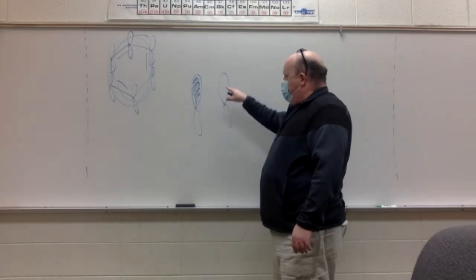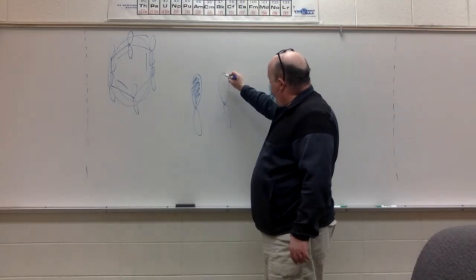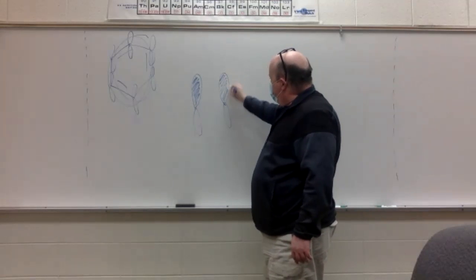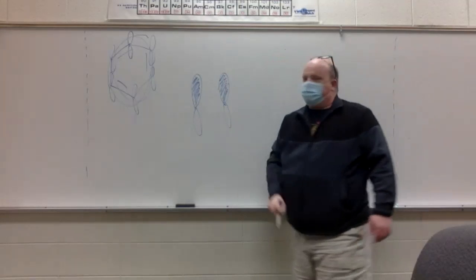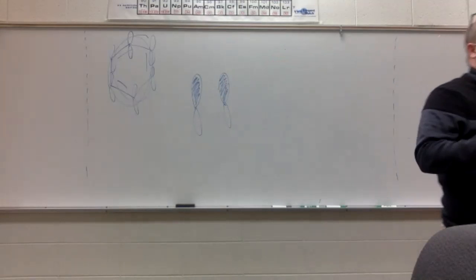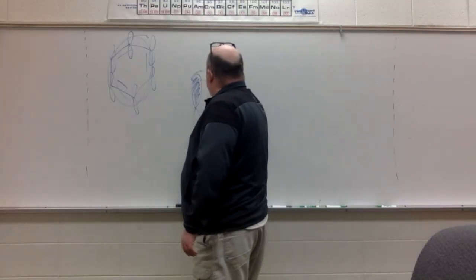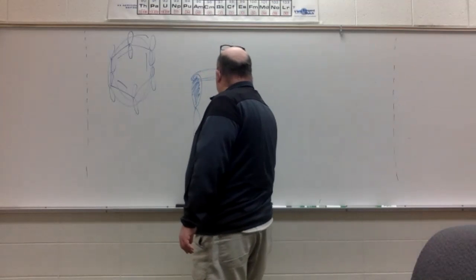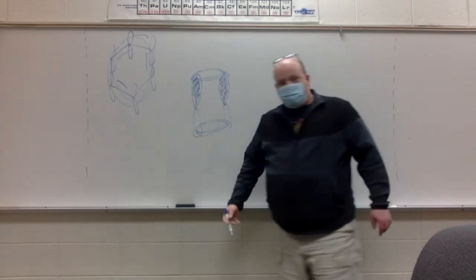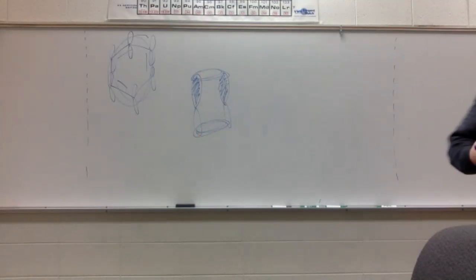So let's say you have 2 of these, and they happen to be lined up like this. That's a favorable bonding situation because like regions are lined up with each other. And in that state, you can get optimal overlap.